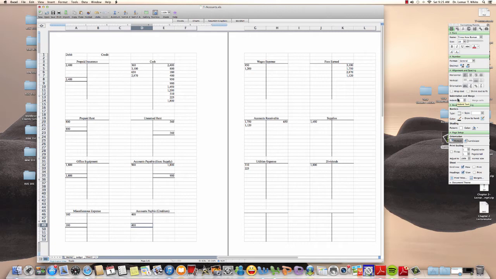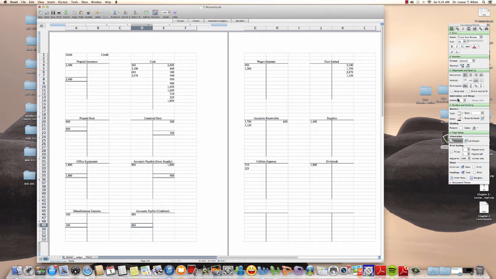We don't consider that to be a normal balance for this account, and I'll explain why. We picked up these transactions from chapter 2, and we did not take into account the transactions that occurred in chapter 1. So this account probably had a balance in it from chapter 1 that we did not account for here.